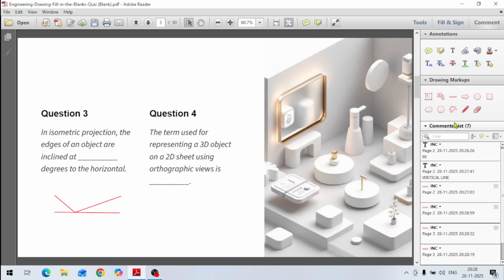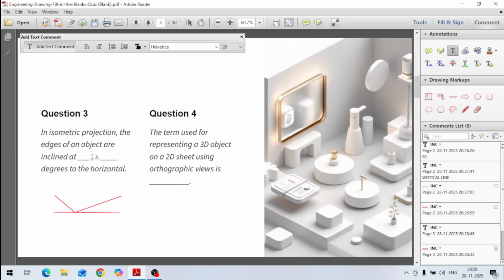So these lines are inclined at how many degrees? At 30 degrees. This is also at 30 degrees.